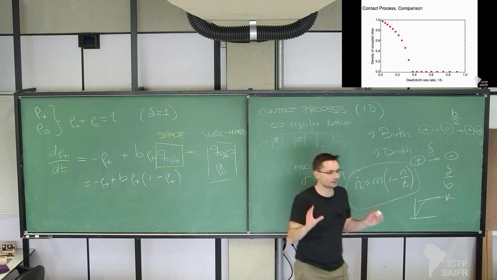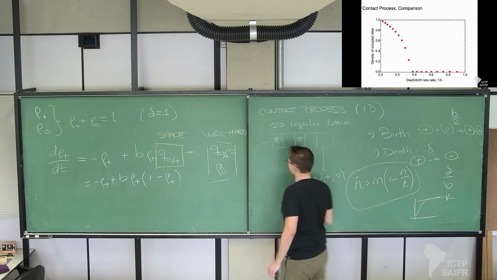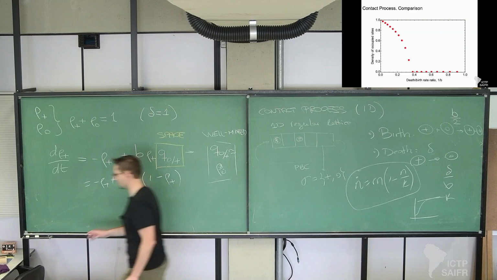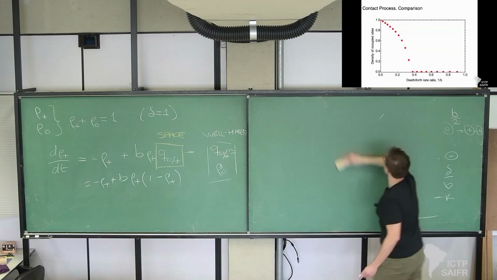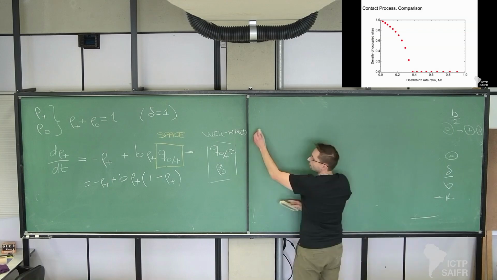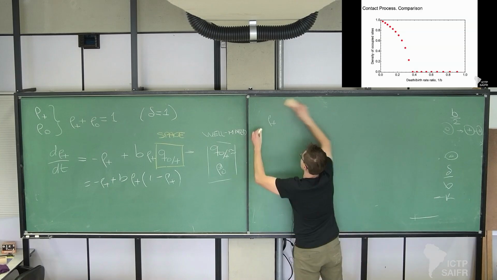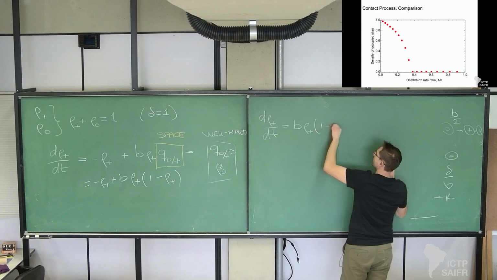So in this case, just to give you an example, let me stop a little bit here because I think it's interesting to develop this intuition. Now I have my equation. This is equal to B rho plus (1 minus rho plus) minus rho plus.